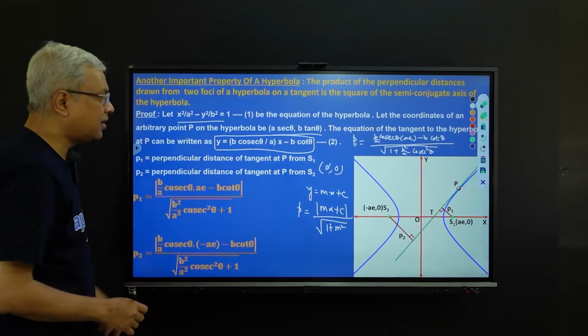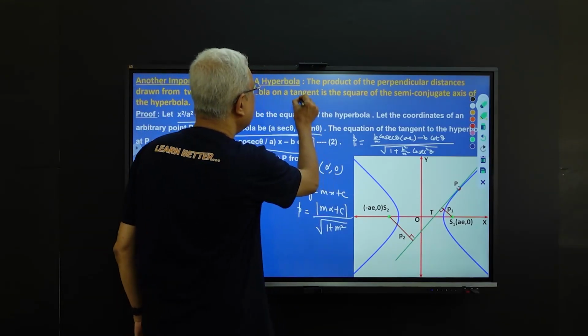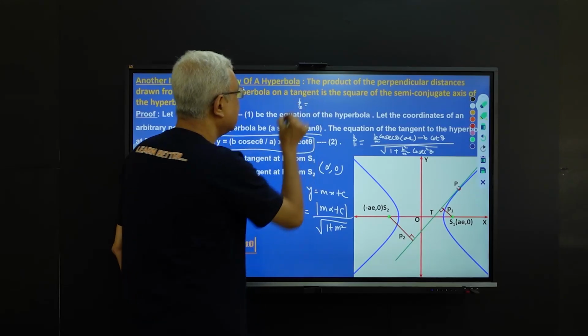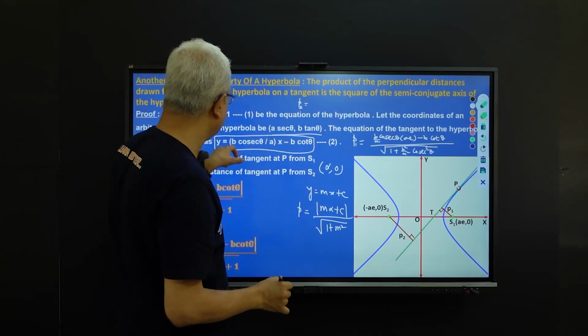And similarly, P2. If I just write down P2 over there, the equation of this straight line is this one.